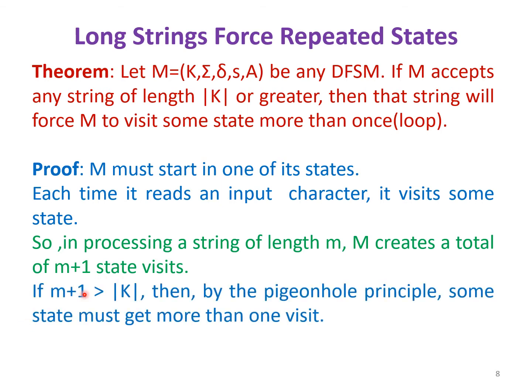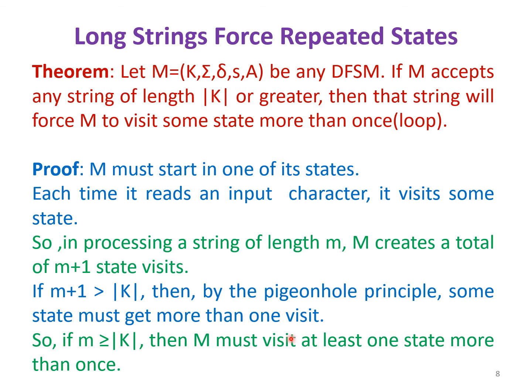If n plus 1 is greater than the length of K, then by the pigeonhole principle, some state must get more than one visit. So if n is greater than or equal to the size of K, then M must visit at least one state more than once.